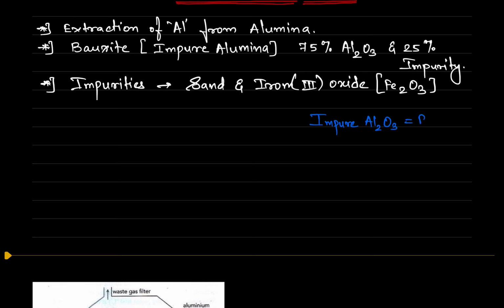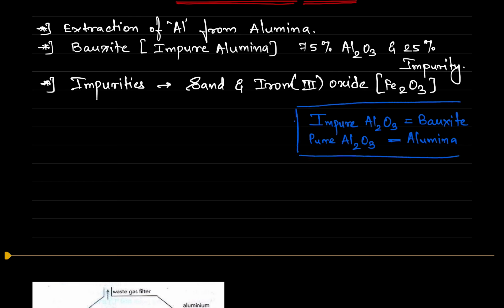This is referred to as bauxite, which is the ore that we get from the earth's crust. But when we purify this Al₂O₃, this pure Al₂O₃ is referred to as alumina, and this alumina is what we use for the extraction of aluminium.